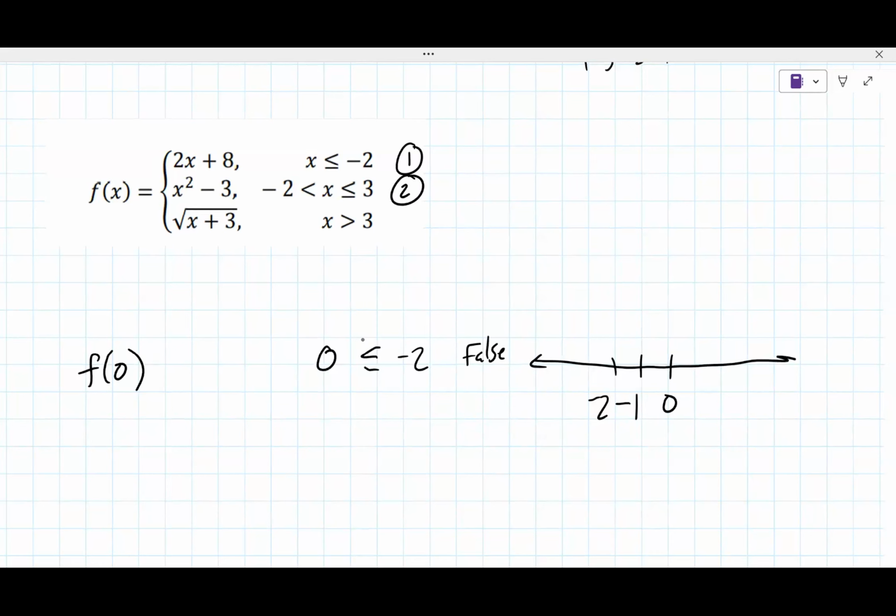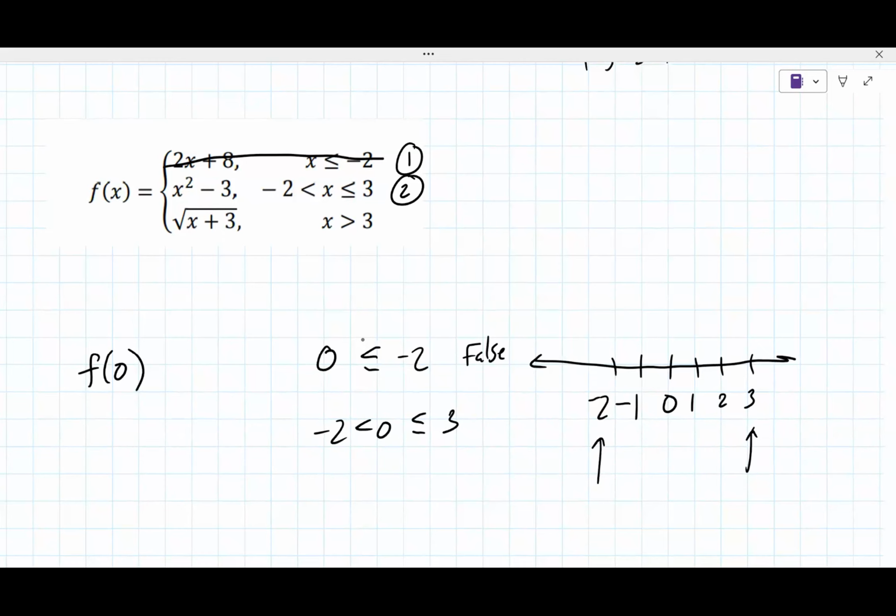So now we go to the second piece. The first piece is out. Is 0 between -2 and 3? Between -2 and 3. Is it between those? No. Well, let's look at it on the number line. Here are the outside edges.